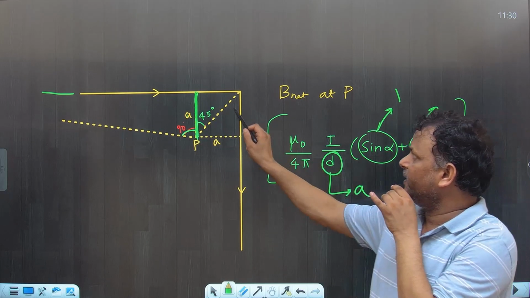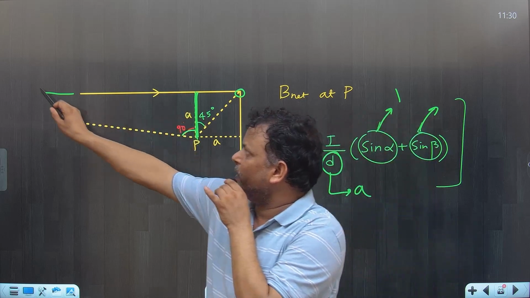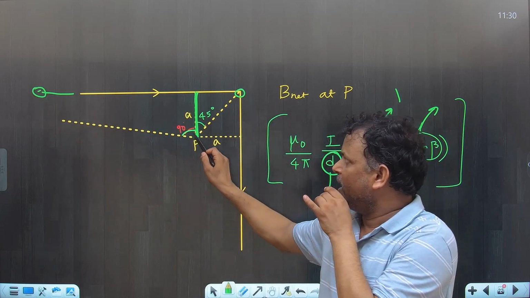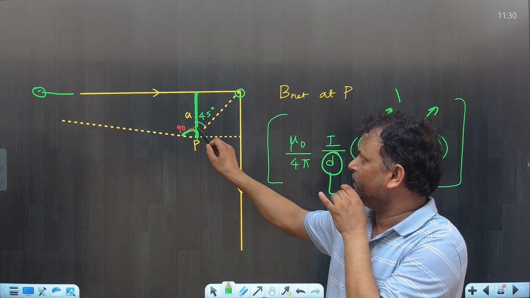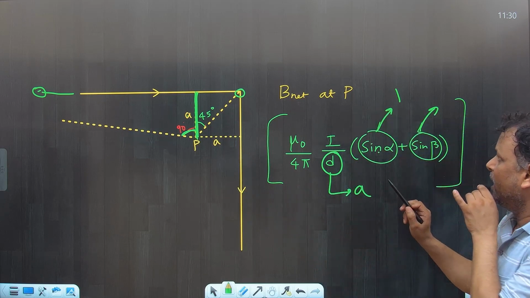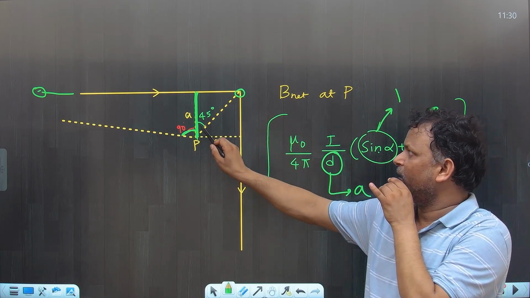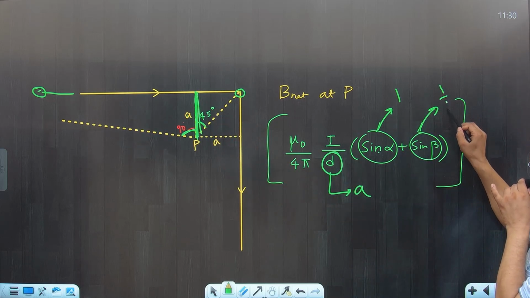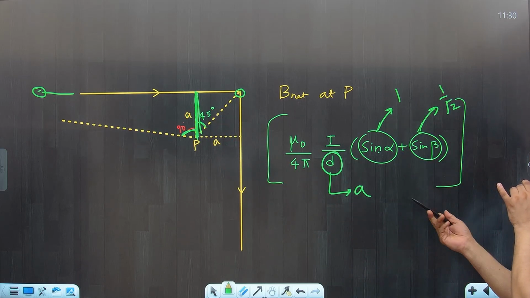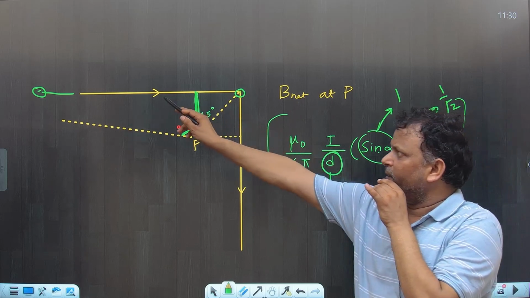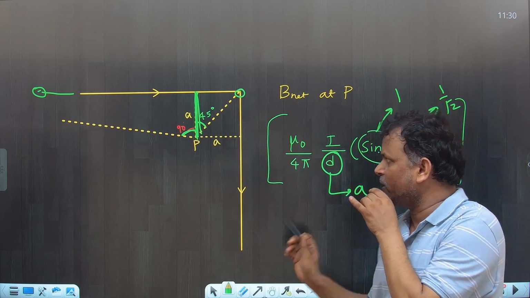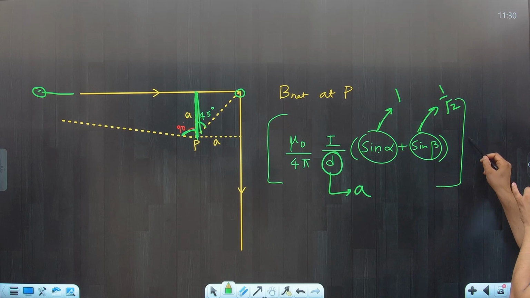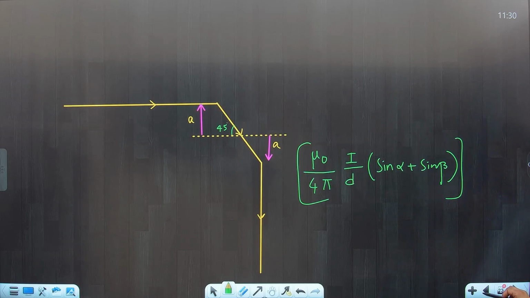And this wire has two ends. This end is making an angle of 90 degrees with the perpendicular, so sin 90, and this other end is making an angle of 45 degrees with the perpendicular, so this will be 1 by root 2. So this is the magnetic field due to one wire, and the other will have the same calculation, so you will just make it double.